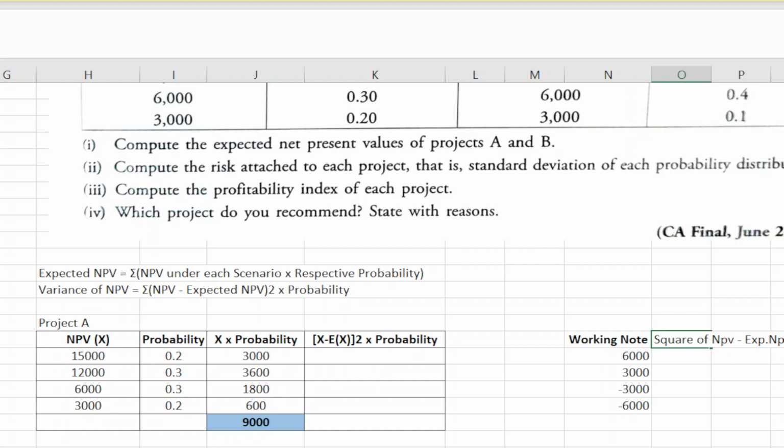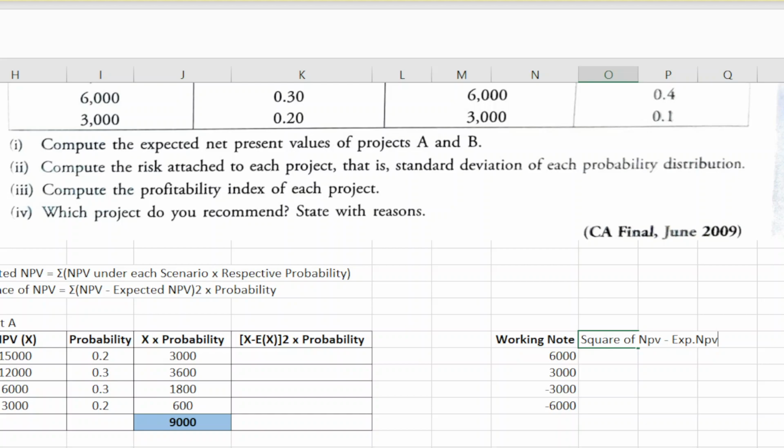Square of NPV. So what I will do is, I will just show you how to do that in calculator, because when you are solving, you have to do it in calculator. Of course, doing in Excel is much easier. All of us know about that, but I just wanted to show you the calculator part of it, so that you will understand it.